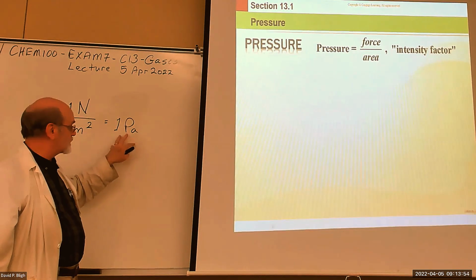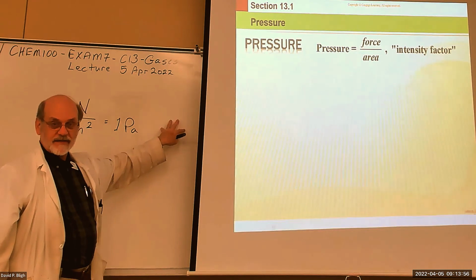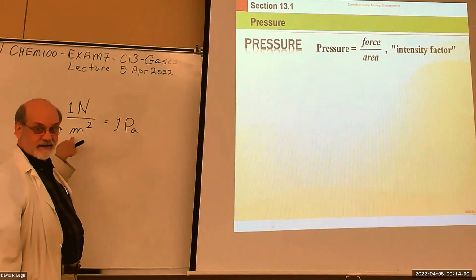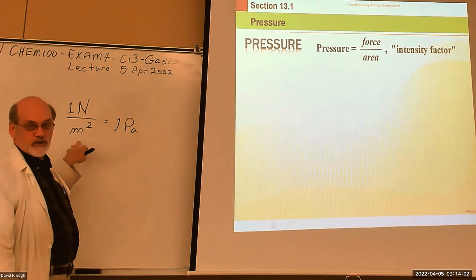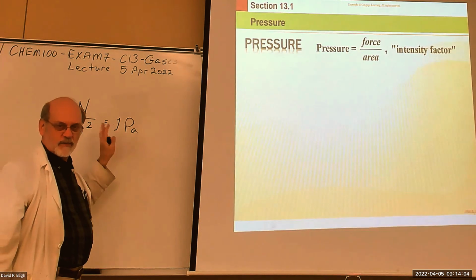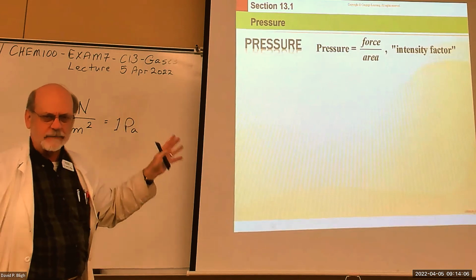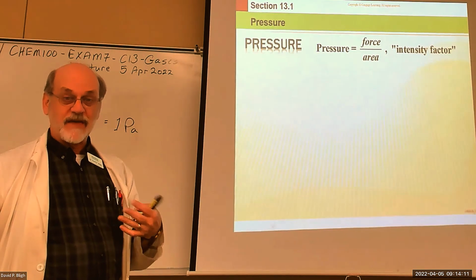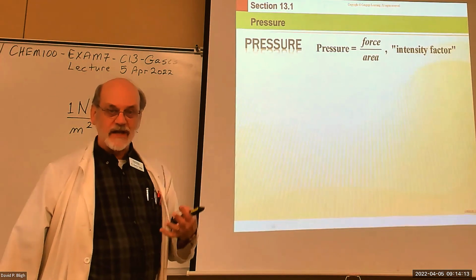If you have this times something else, then it may not cancel out units unless you know that this equals that. Then you might cancel newtons, or you might cancel square meters, or whatever the case may be. It's important to know what these units mean in mathematical terms for calculation purposes.